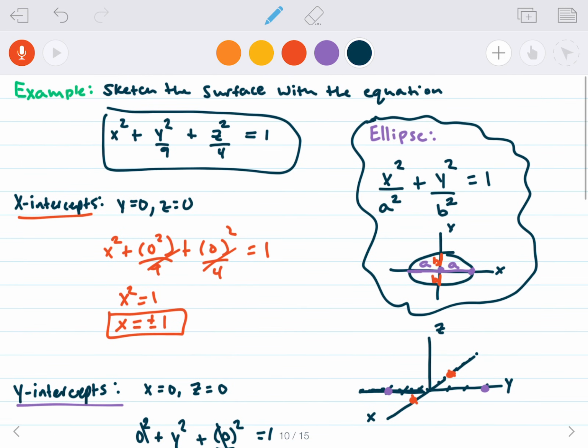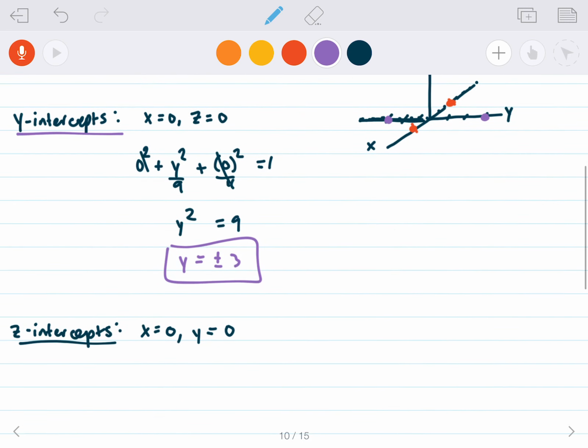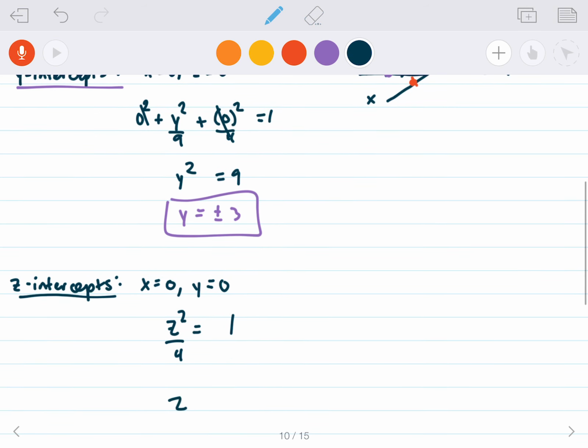Okay, so when I do that, when x is 0 and y is 0, these clear, and I'm just left with z squared over 4 equals 1. Multiply both sides by 4 to get z squared equals 4, and square root to get z is equal to plus or minus 2.